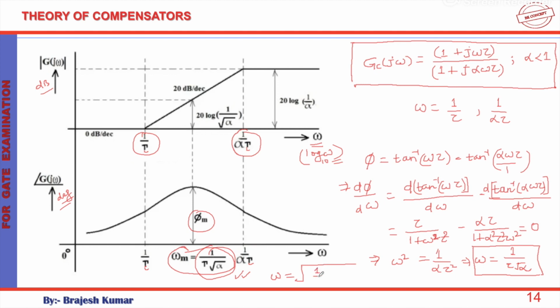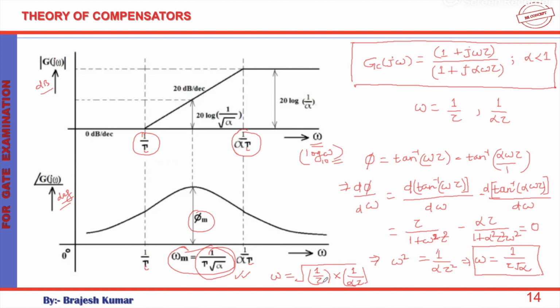So 1 upon tau multiplied by 1 upon alpha tau. Clear or not? If you take this tau outside, it will once again become 1 upon tau root alpha. But we have expressed this equation in this special form to show you one of the points.